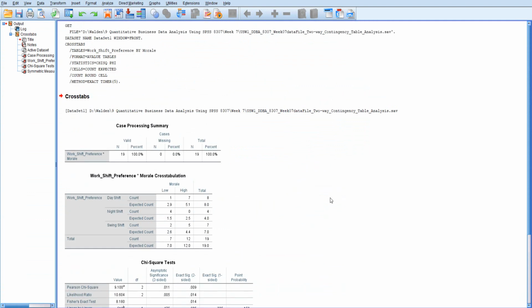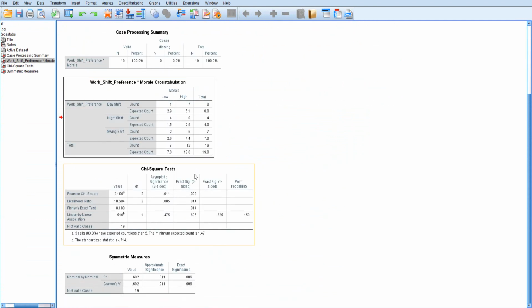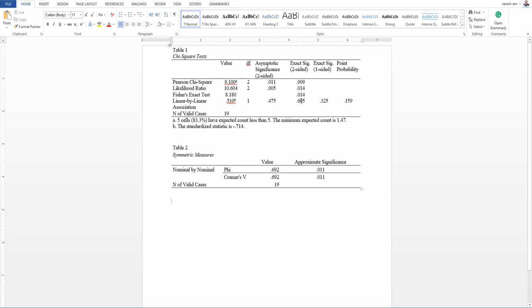Here we go, sweet and sound. Let's go to the ChiSquare test, and this is what is crucial over here. I have already copied the table from SPSS and put it into Microsoft Word in APA format. Okay, let's go and explain this. The complexity about the ChiSquare test is that you can see all of this: Pearson ChiSquare, likelihood ratio, Fisher's exact test, linear by linear association.